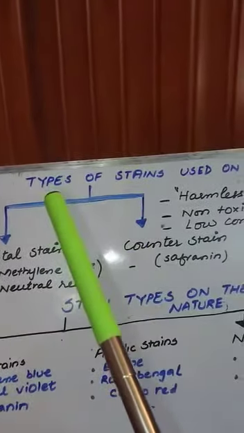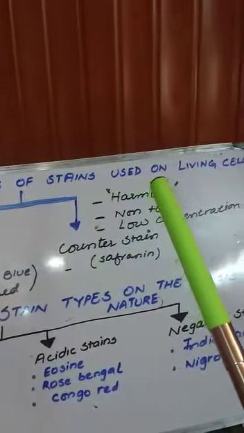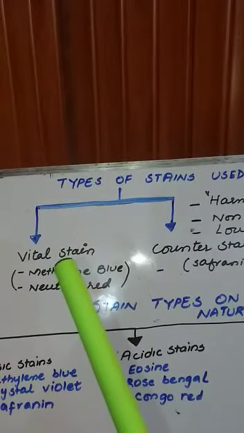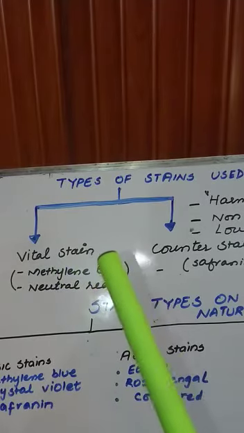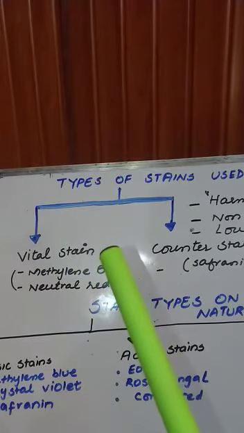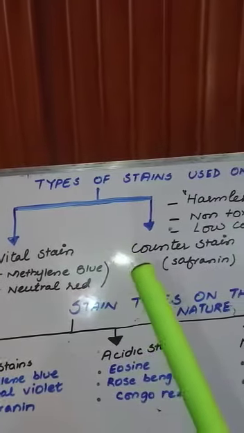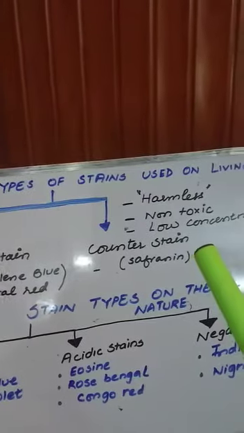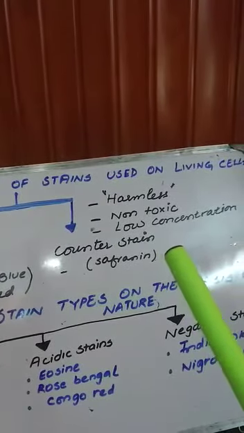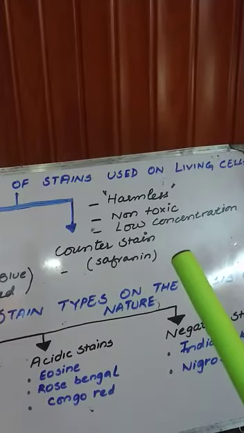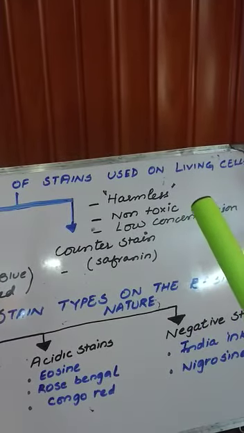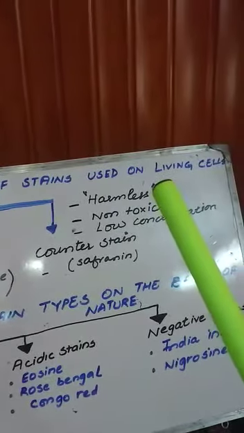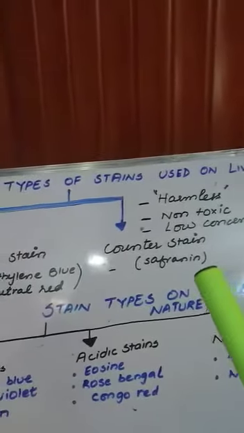Dear students, there are certain types of stains which are used for living cells. One is called a vital stain. A vital stain is the first stain given to the cell, and then a second kind of dye can be used, called a counter stain. These stains are harmless, non-toxic, and used in very low concentration within living cells in order to highlight them.